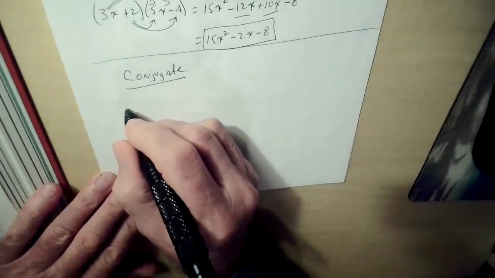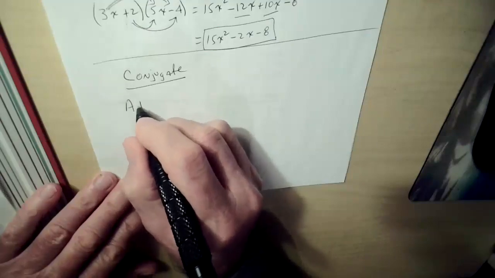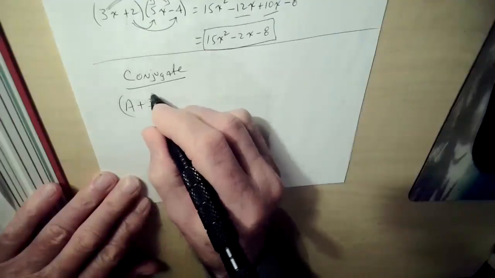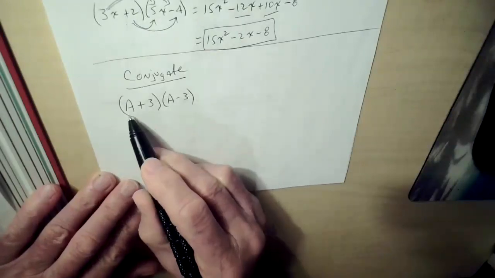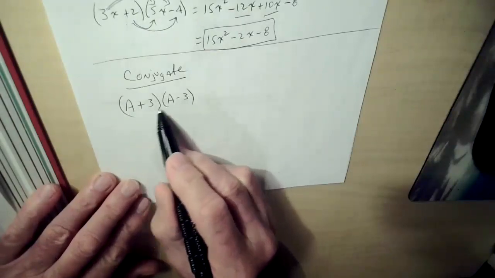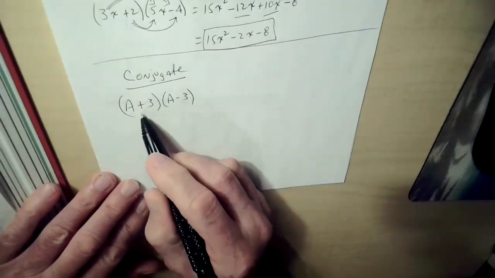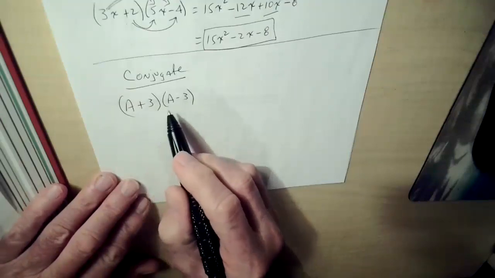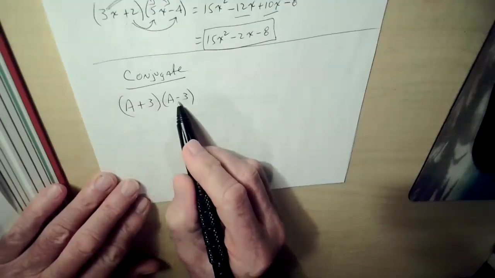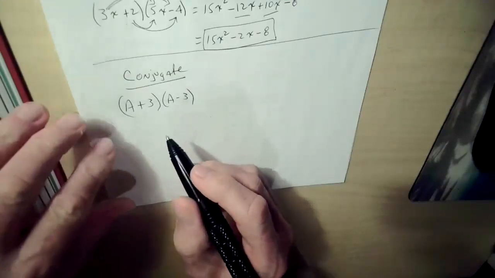Now, what we get when we have a conjugate is if we have a plus 3 times a minus 3. Same exact term here, except the signs are different.